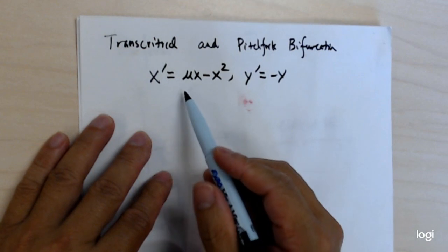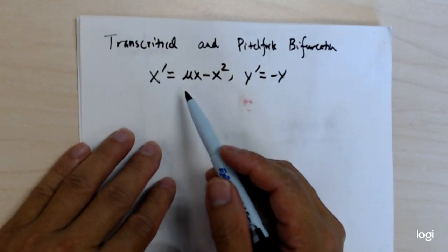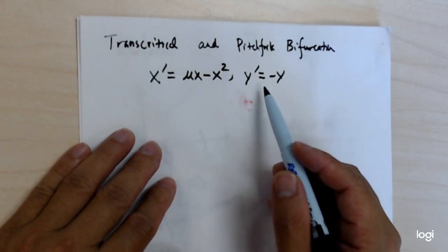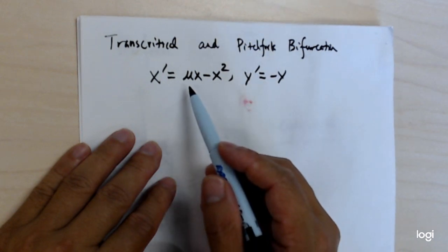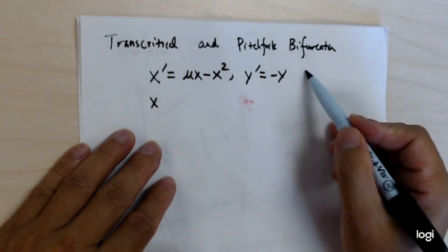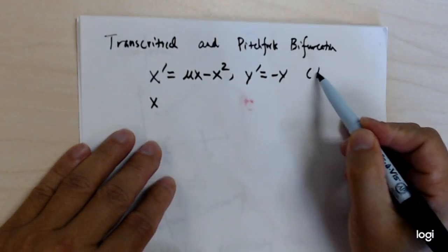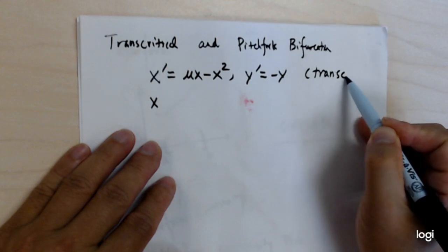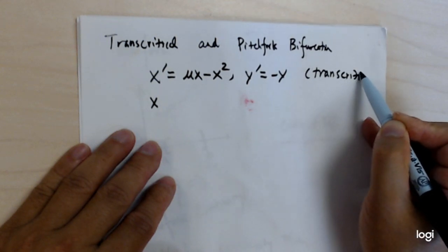You see how this is tied to the one-dimensional problem? You see the y prime is given by a simple equation. This is similar to the one-dimensional problem. There is really no y in there. So this one turns out to be a transcritical bifurcation.